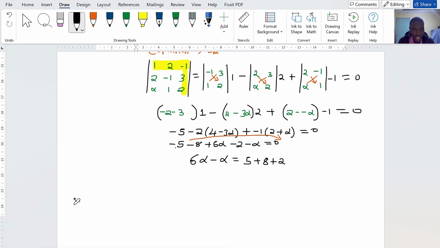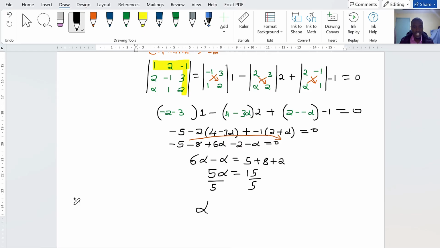Now 6 alpha minus alpha is 5 alpha. On the other side, we have 10 plus 5 is 15. Now divide both sides by 5.